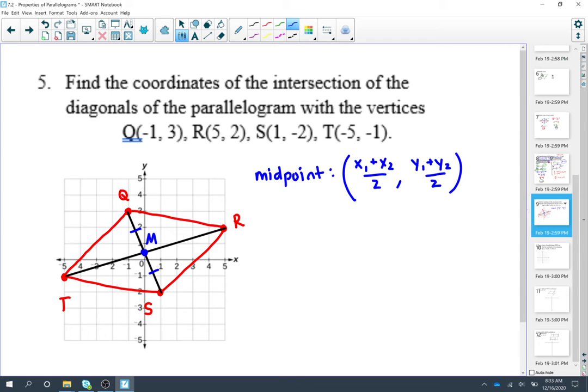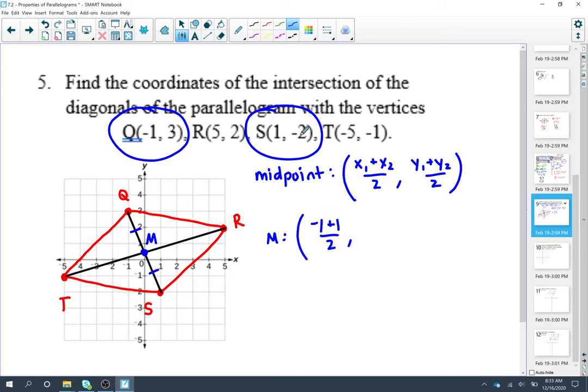So I'm just specifically going to focus on QS and I'm going to find the midpoint. So here's my Q and here's my S. You could also do it with RT, but really you should get the same answer because both of them have a midpoint at the same spot M. So point M, I'm going to take negative 1 plus 1 and then cut it in half.